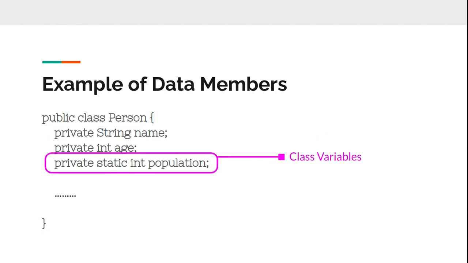On the other hand, we see here population has the static keyword, which means that population in this example is a class variable, which means that the population is not copied into each and every object.